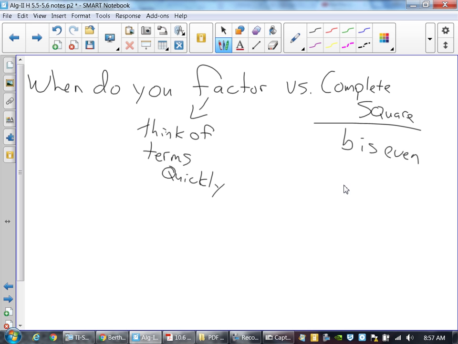And then complete the square, you can always default to it because it's always going to work. And there's nothing wrong with that. My only preference is that b is easier to work with when it's even. Okay? That's my idea.